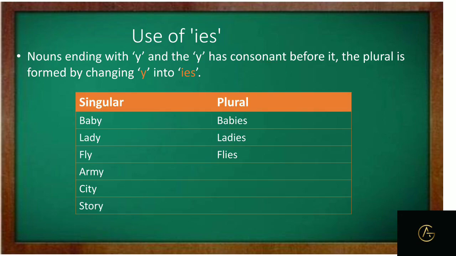Let's see the table. Baby, with the b. B is a consonant and with y we apply ies. Babies. Similar with lady, ladies. Fly, flies. Army, what will be the answer for army? It is armies. Next two are for you as homework.